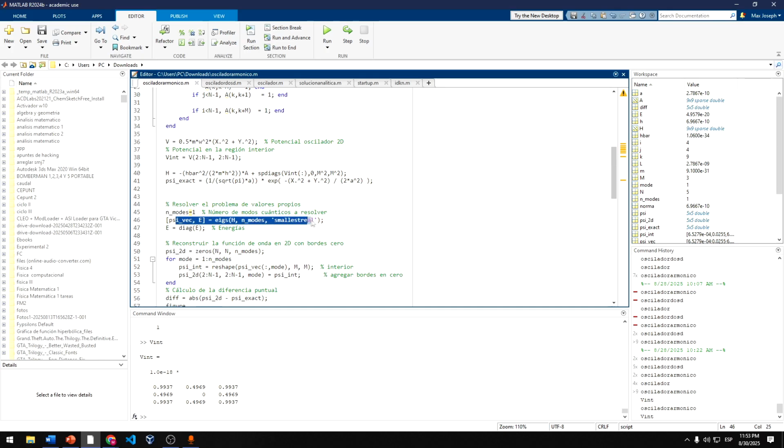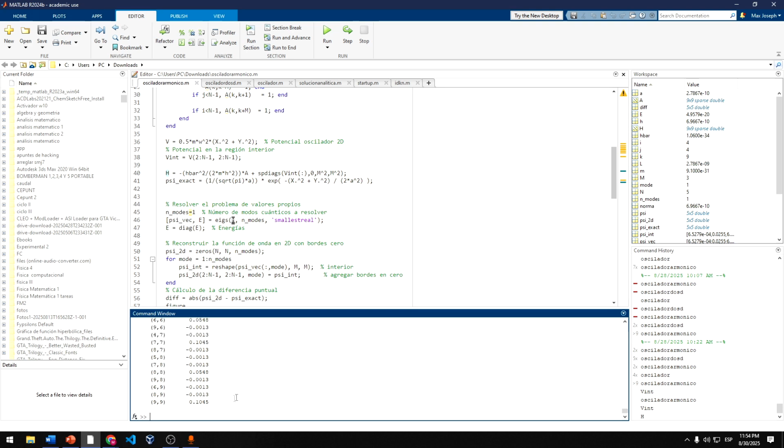Entonces aquí ya estamos, por así decirlo, resolviendo el problema de eigenvalores. Tenemos el vector de psi por la energía, que vendría siendo la parte derecha de esa ecuación. Entonces esta parte va a ser igual a los eigenvalores que tiene la matriz H. La matriz H es esta, la que ya había enseñado.